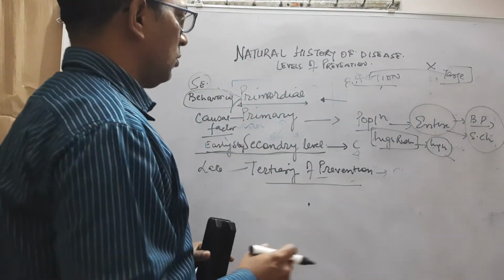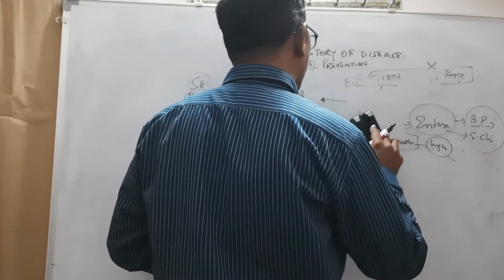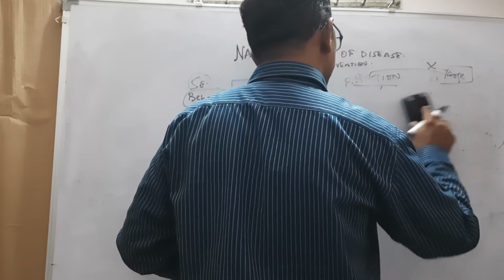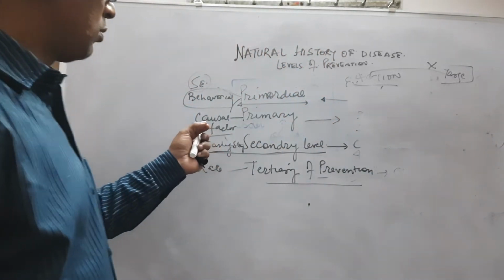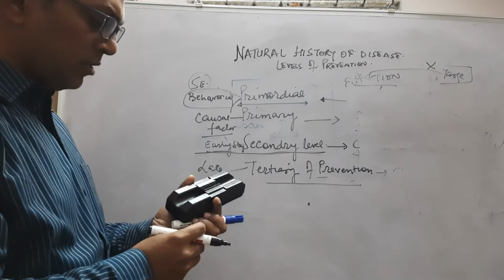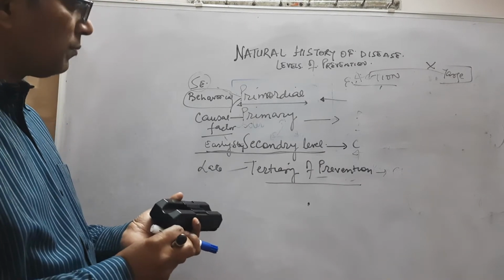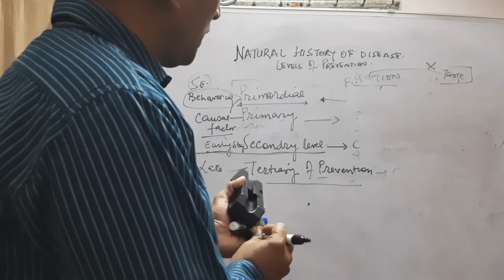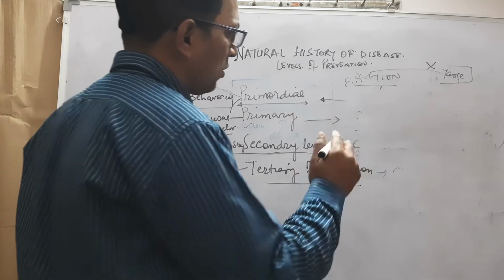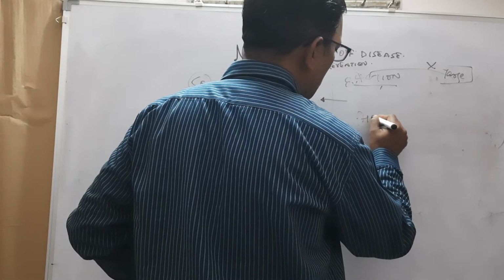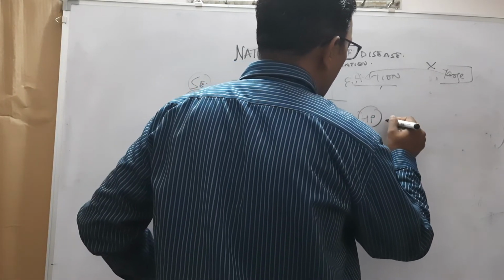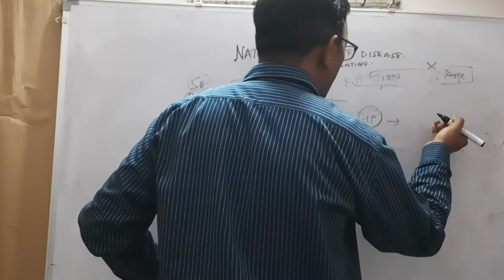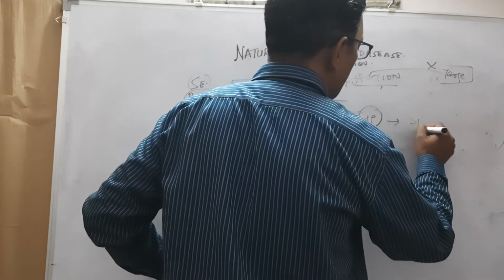Now, when we talk about the primary level of prevention, where I have said we talk about the specific causal factors, the mode of intervention here will, to an extent, be health promotion as well. Also you have health promotion, but you also have what is known as specific protection.